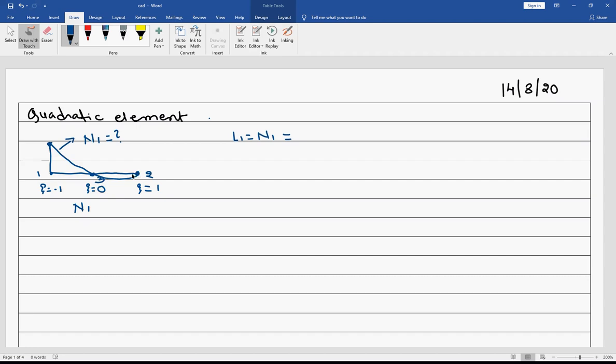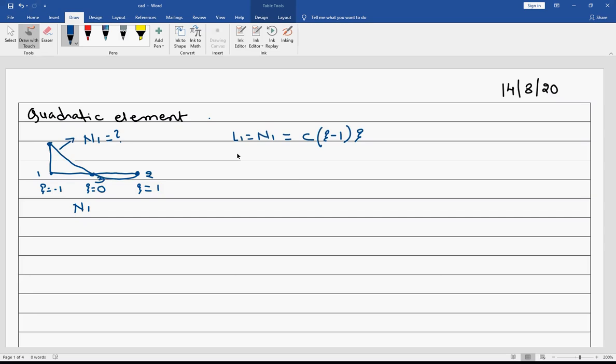At these two locations the value of N1 is 0, and therefore I should use the equations of node 2 and node 3 to get N1. So I put a constant in front of it, and the equation of node 2 is xi minus 1, and the equation of node 3 is xi.